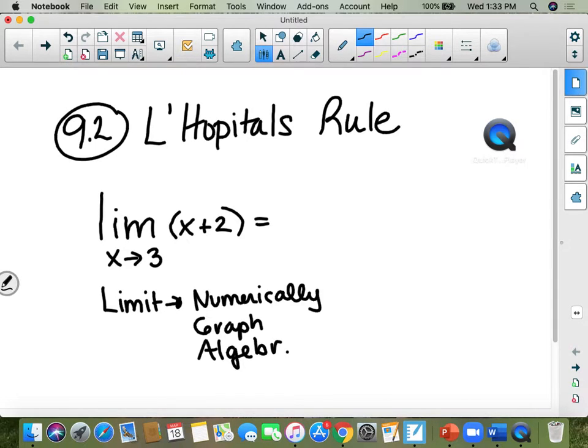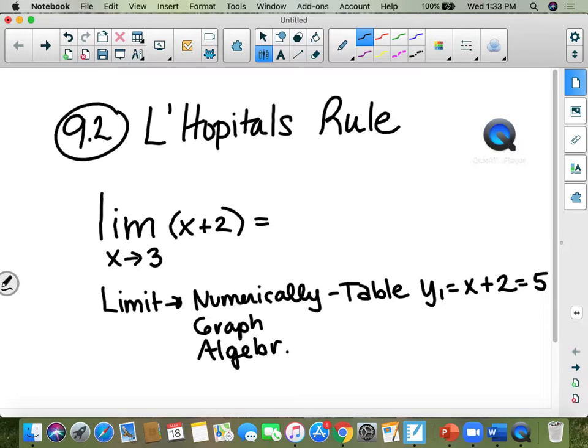If you look at the table, if you put in y1 equals x plus 2, and if you look at your table, as x approaches 3, the intended y value would equal 5.